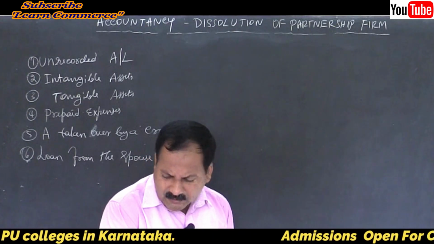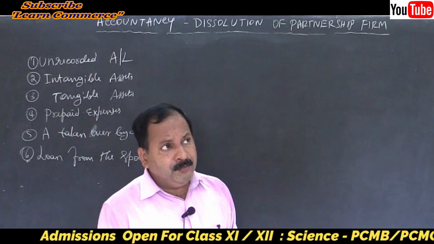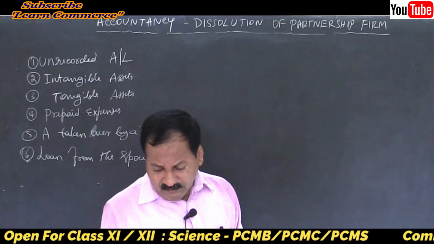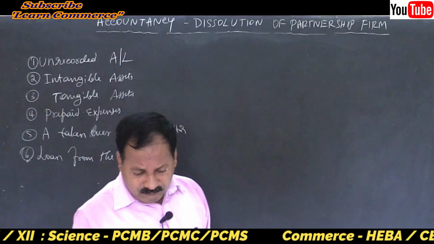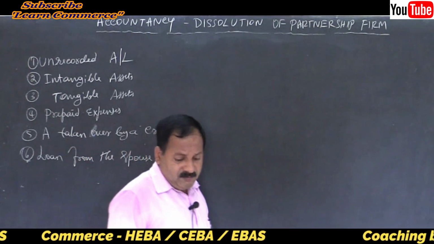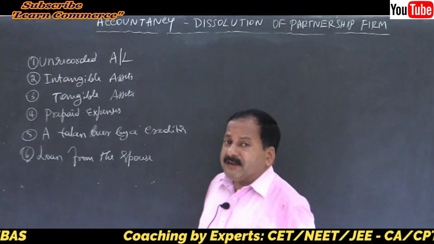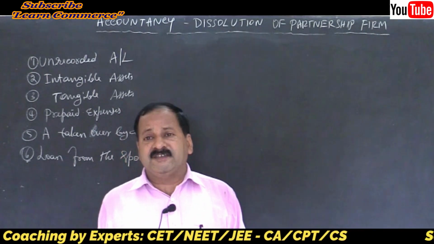With this, everything is clear now. Let me remind you the steps to be followed. I will repeat it once again. To sum up, when you get a problem, remember, you will get a 12 marks compulsory problem from this chapter.